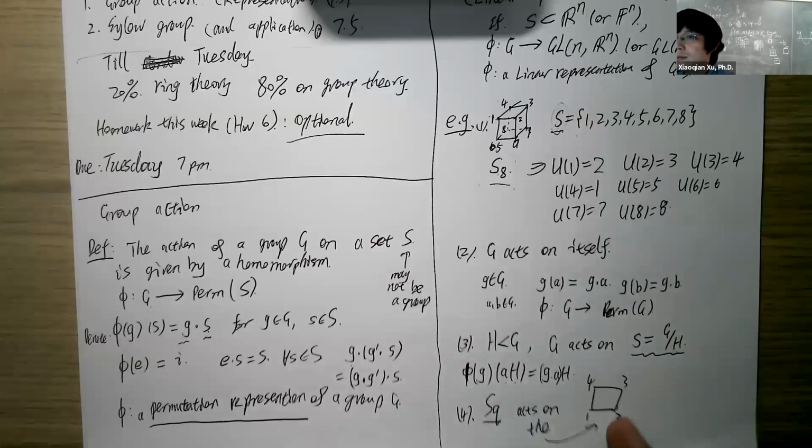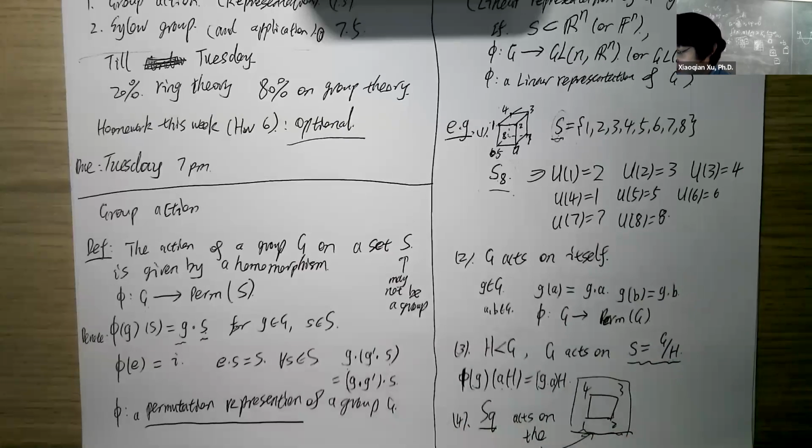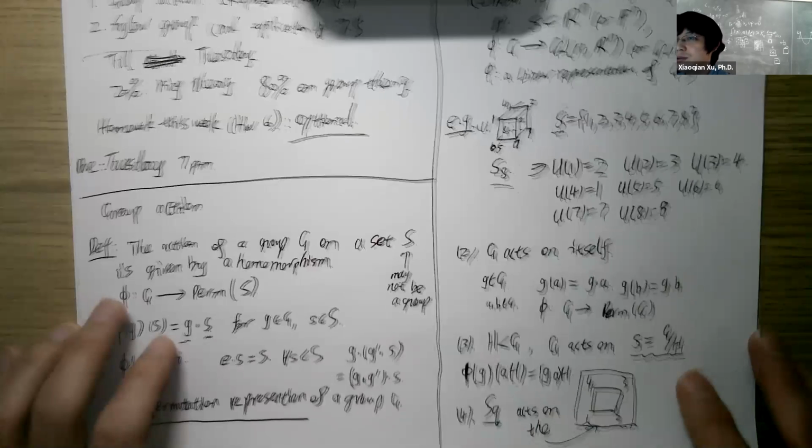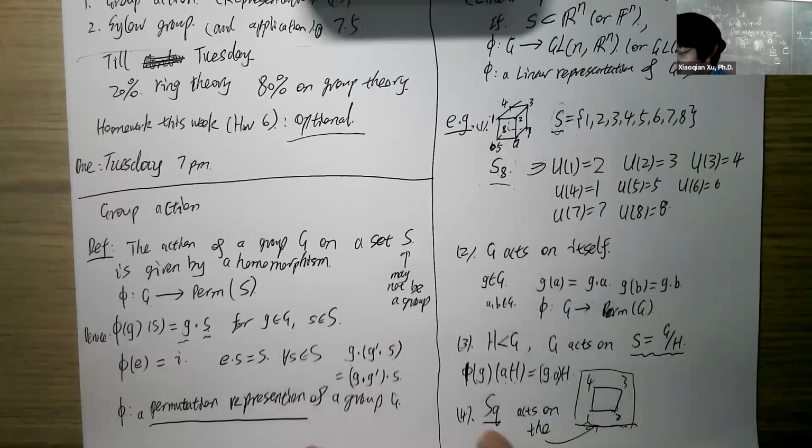Because this set, you see, this is a trick. The set here does not allow you to change 1 and 2, right? Which is why I'm saying you're trying to use the element here to act on this kind of thing.